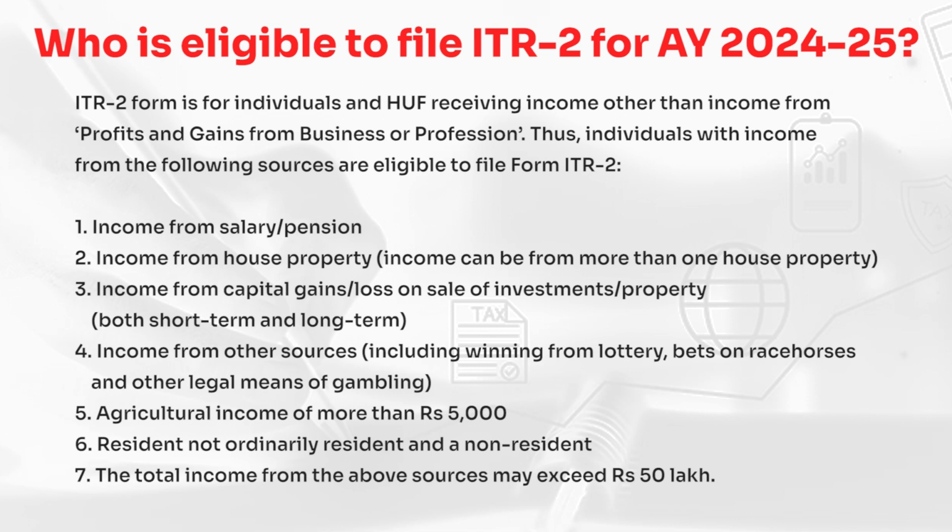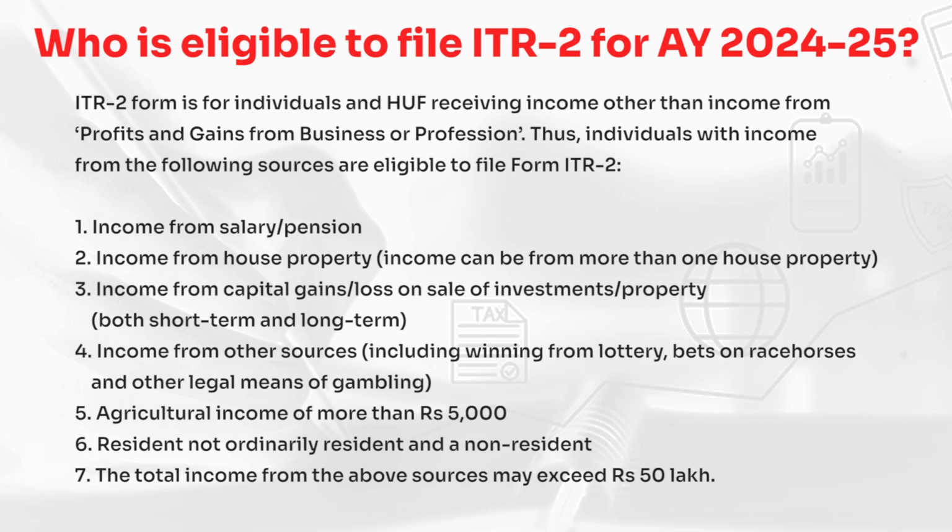ITR 2 is another form meant for individuals who are earning income through various means. Number 1, salaries. The one who is earning salary income or pension is supposed to file ITR 2, or who has income from house property. Again, even the interest which is deductible or the rent which is earned has to be entered in ITR 2.